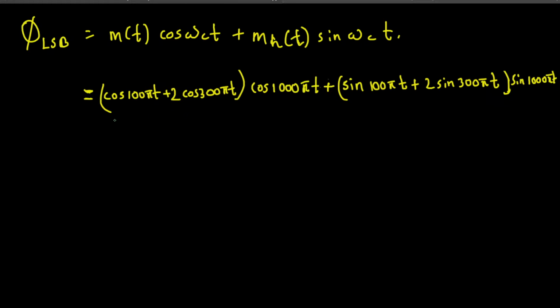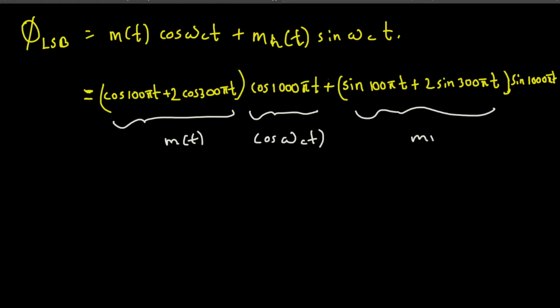You look at this one, this is m of t cos omega ct, this one is mh of t, and this one is for sin omega ct. Okay, and that is the lower side band.